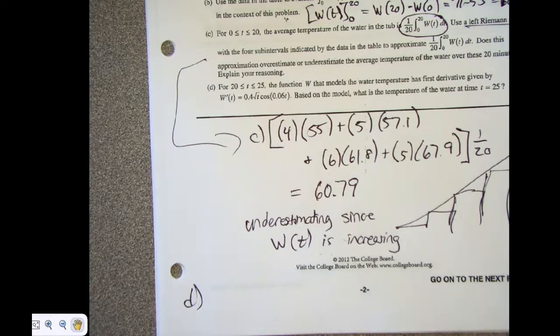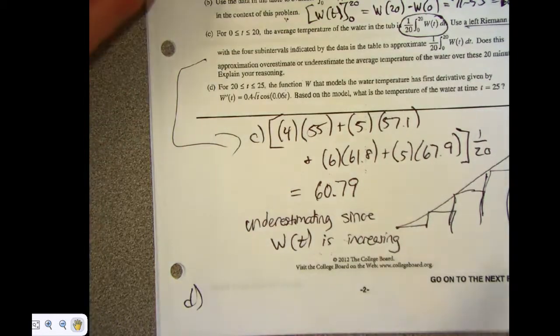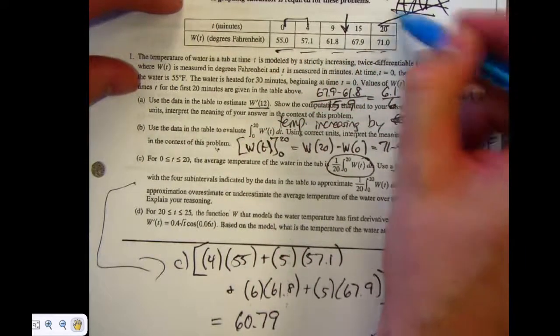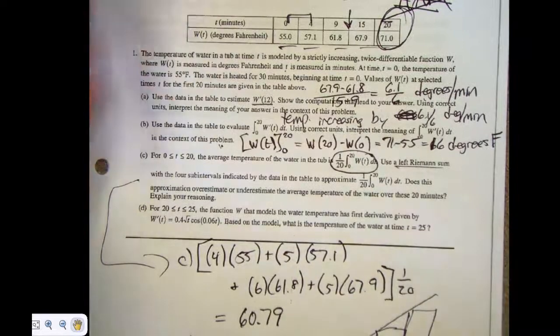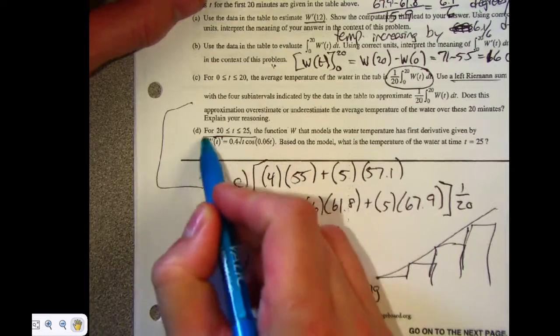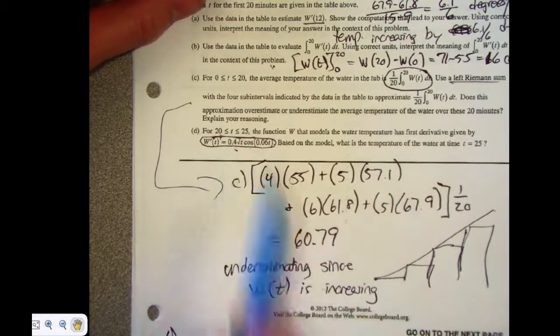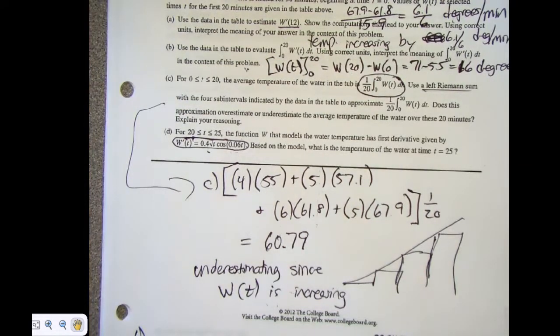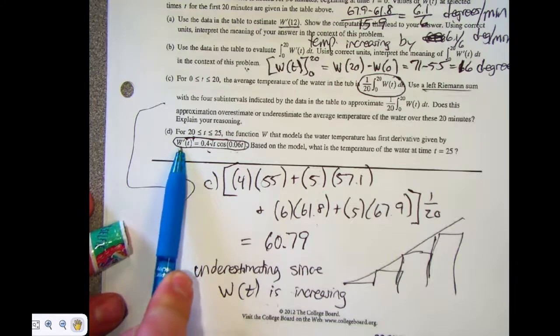But okay, part D. Notice this is on the calculator section, so I'm going to have you type this in to review the calculator stuff. For the first 20 minutes, here were your temperatures. By the 20-minute mark, we were at 71 degrees. For the next 5 minutes, W prime of t is this equation they give me. That's the rate of change of the temperature. If I want to know the temperature increase or decrease during those 5 minutes, what do I do with this equation?